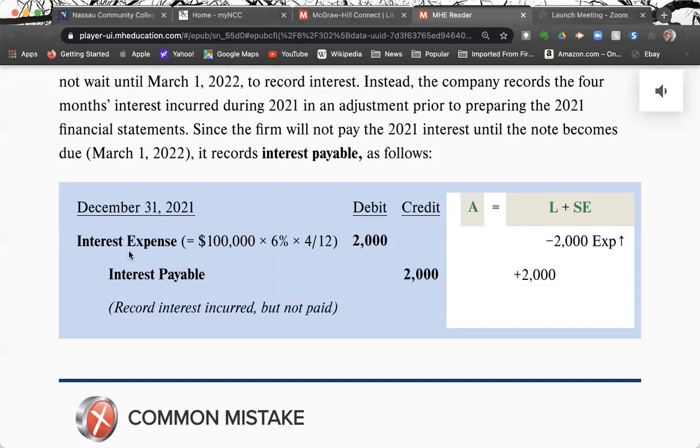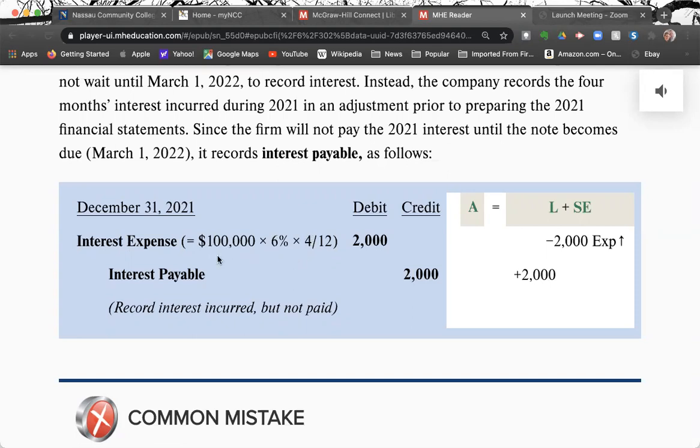So what would the interest be for that period of time? $100,000 times 6%. And remember, whenever you see an interest rate in a problem, it's an annual rate. It's a 1-year rate. But we're not concerned with 1 year. We're concerned with 4 months here.